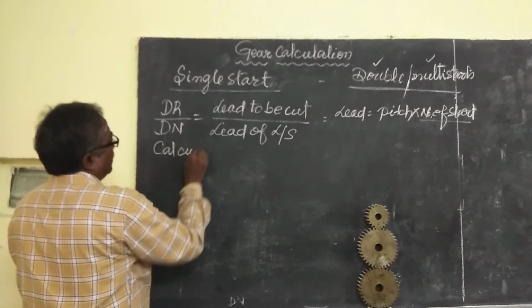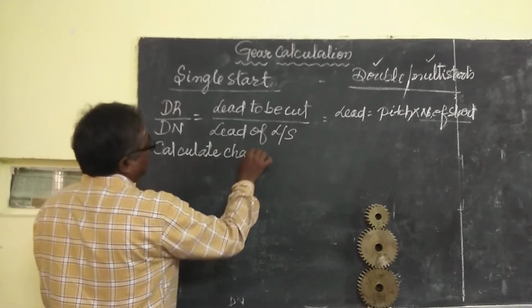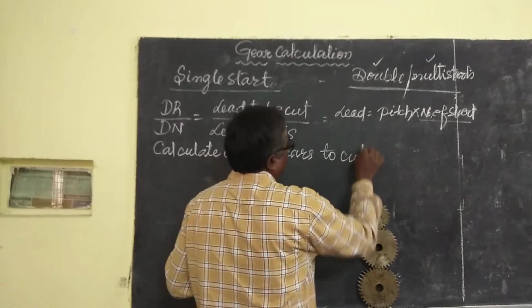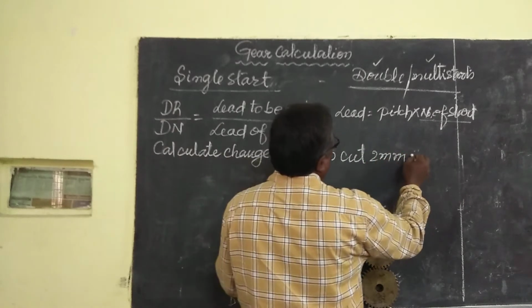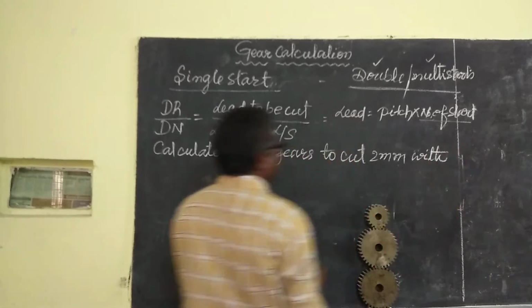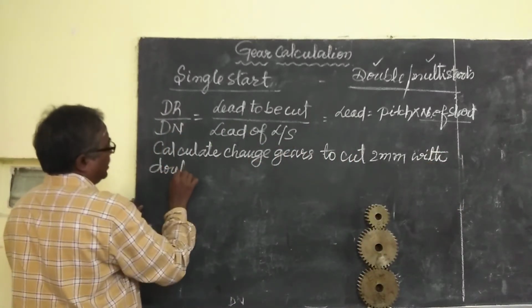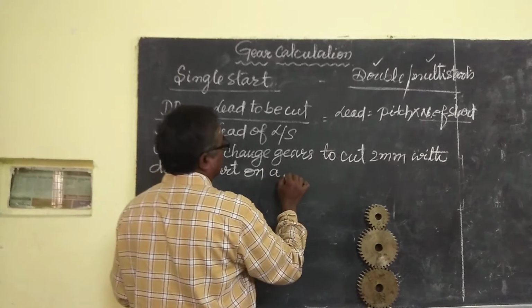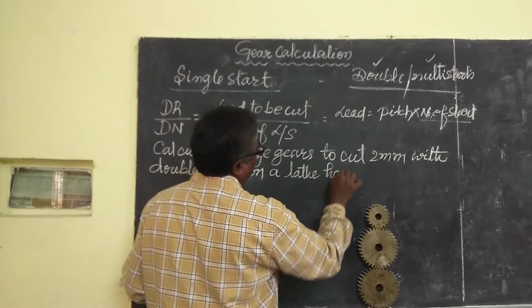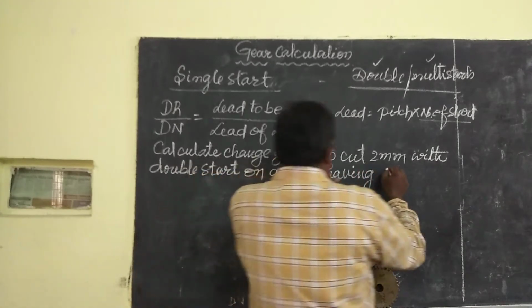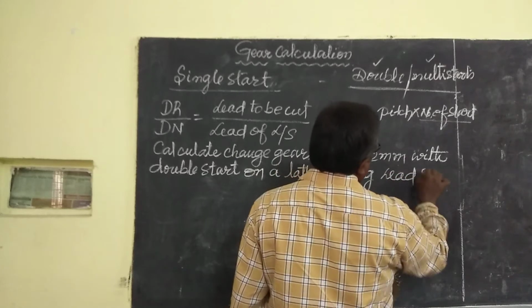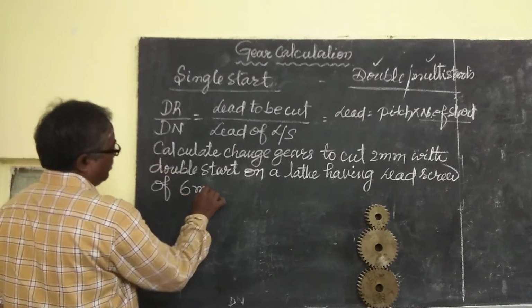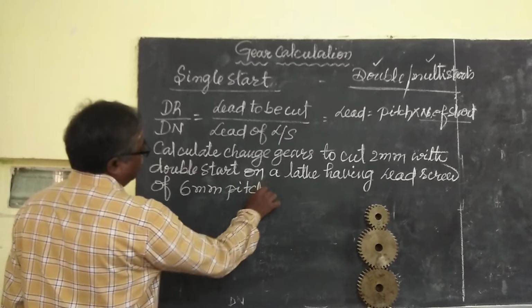Calculate change gears to cut 2 mm pitch with double start on a lathe having lead screw of 6 mm pitch each.